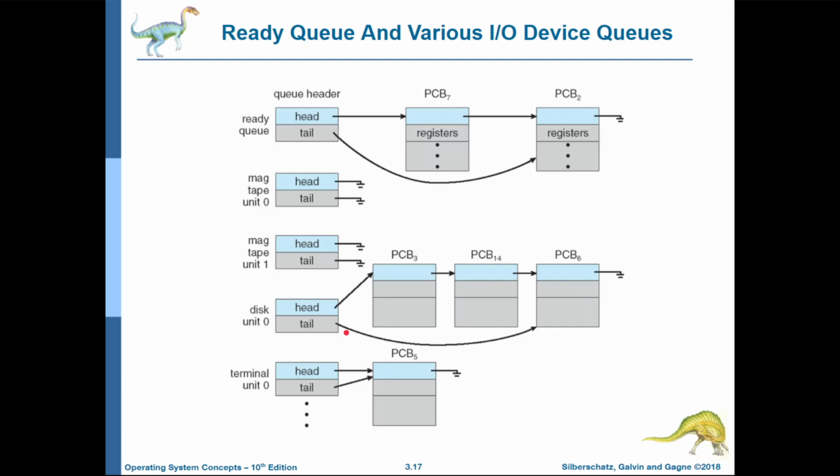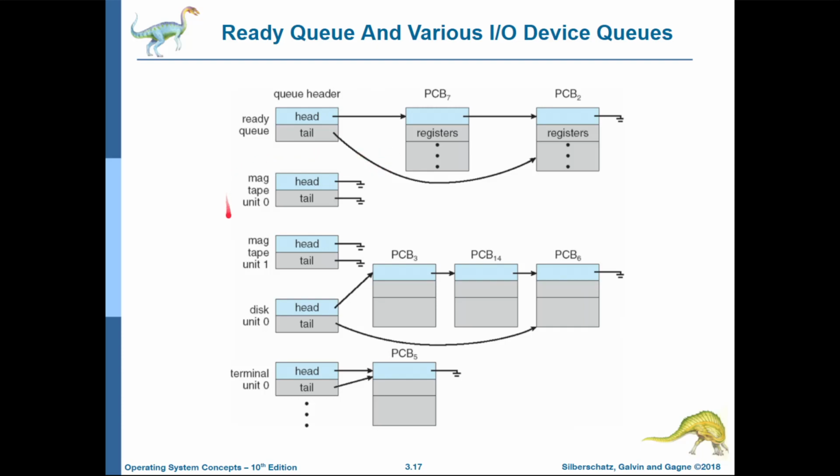Here's a graphical example of some queues where we have a ready queue that has process 7 and process 2 waiting, and it keeps track of where the start and end is. You should know how to work with linked lists. This is a fairly important data structure within operating systems and within computer science in general.